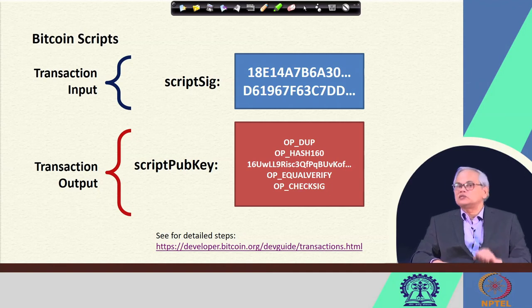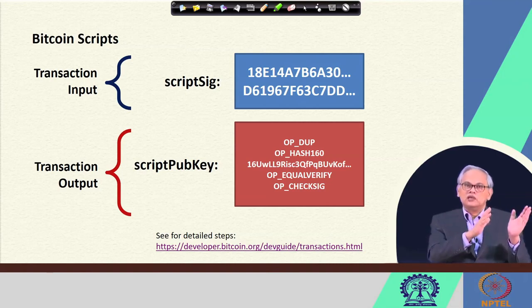And now, what is the transaction input? Bob is now trying to claim those 40 bitcoins which he received from Alice, and claiming means that he would be using it for some other purpose, like paying 30 bitcoins to Carol. So, that is when this transaction input will be used.